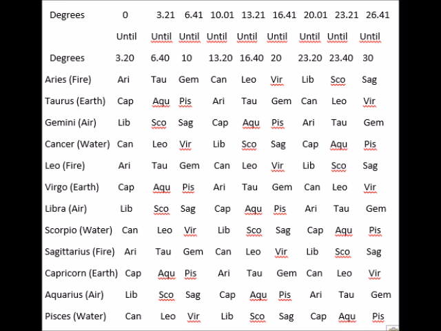And the fourth rule, which the ancient sages have given, is that in case it is a water sign, and when we are talking about a water sign, we take the zodiac sign in the main chart.